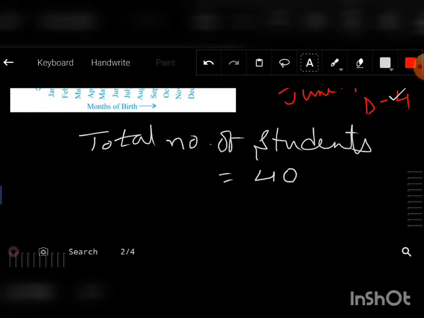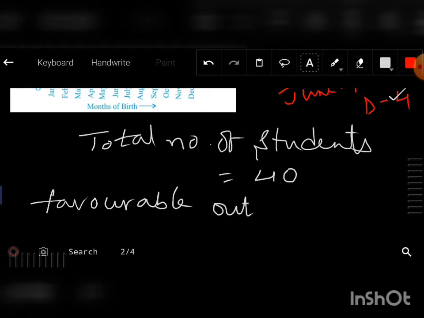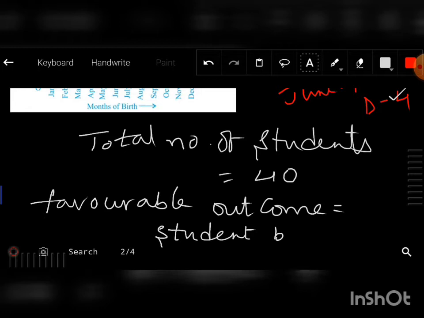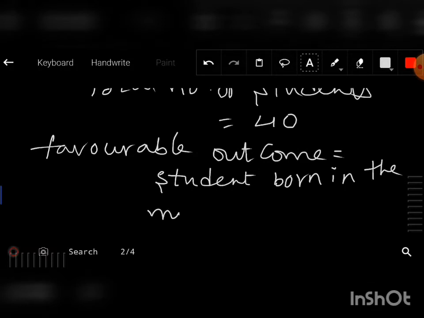So we have to find the probability of the students born in the month of August.